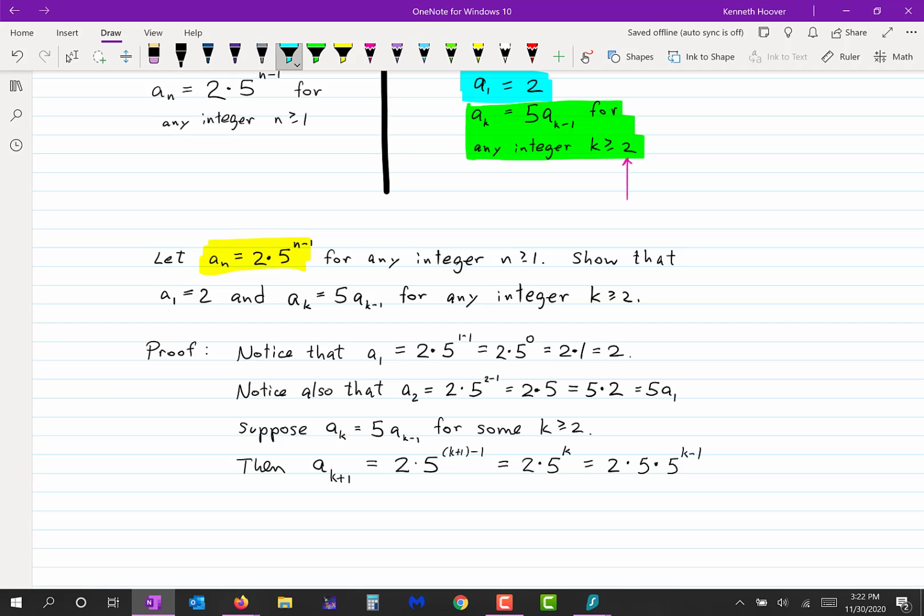Do you agree that this equals this, right? That's just a simple statement. And then I'm going to swap the order of the 2 and the 5 in front. You'll see why in just a second.